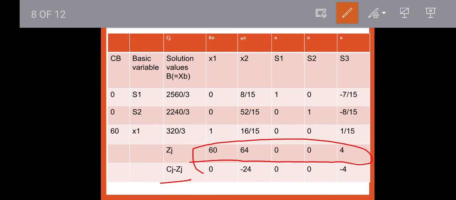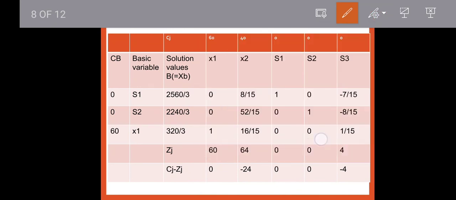Then Cj is 40, Zj is 64. 40 minus 64 is minus 24. Then 0 minus 0 is 0, and 0 minus 0 is 0. Then Cj is 0, Zj is 4, so minus 4 will come.